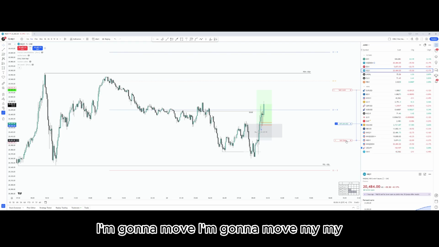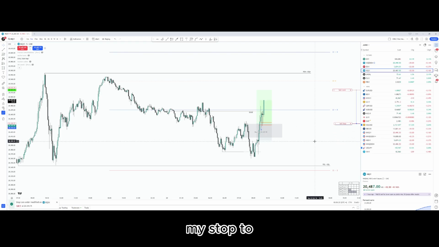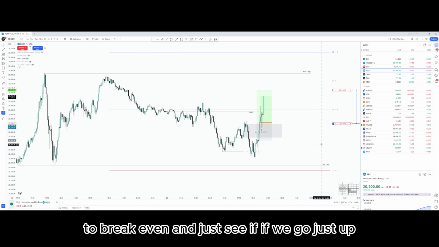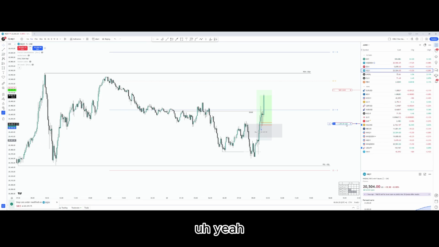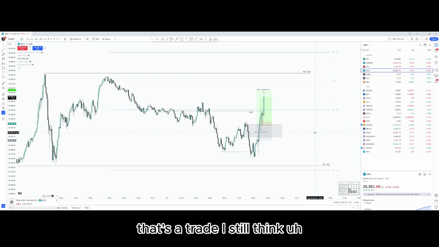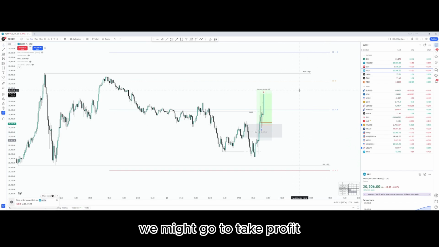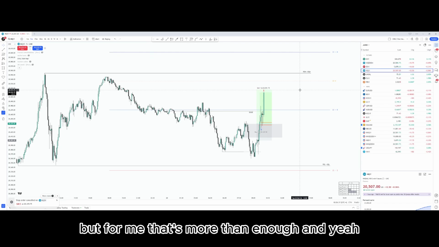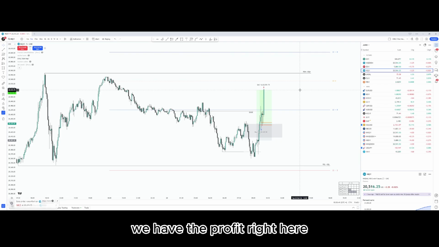Oh yeah, I'm gonna move my stop to break even and just see if we go up. Yeah, I'm probably closing right here for 1.2k. That's a trade. I still think we might go to take profit, but for me that's more than enough. And yeah, we have the profit right here.